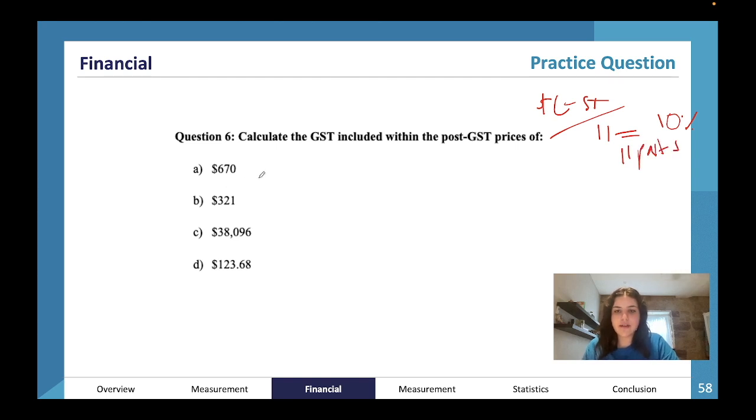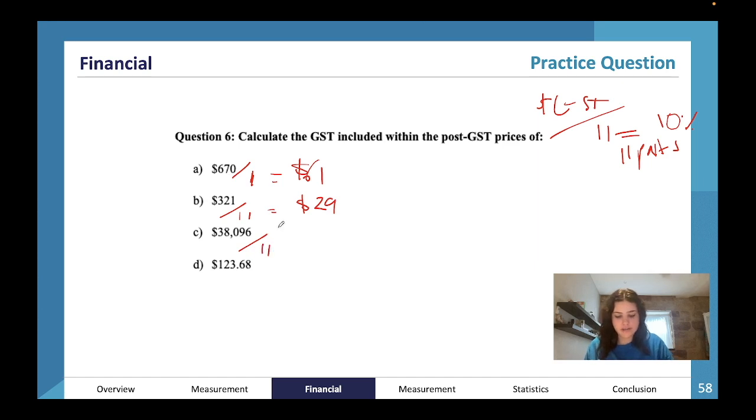So $670 divided by 11 gives us 60.9. So I'm going to go $61. $321 divided by 11 is going to give us 29.18. So I'm going to go with $29.